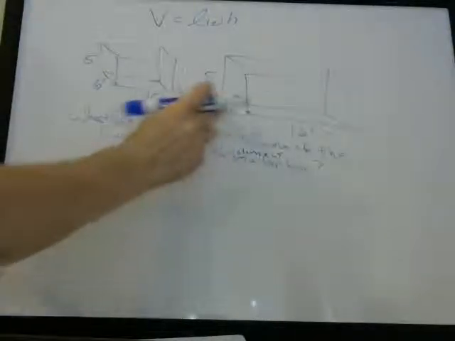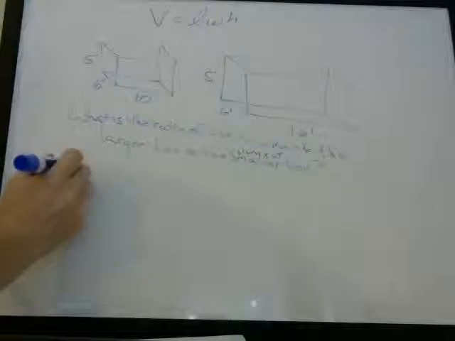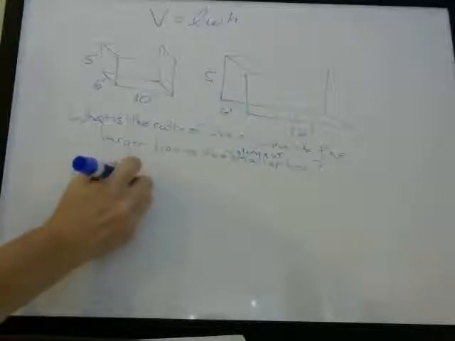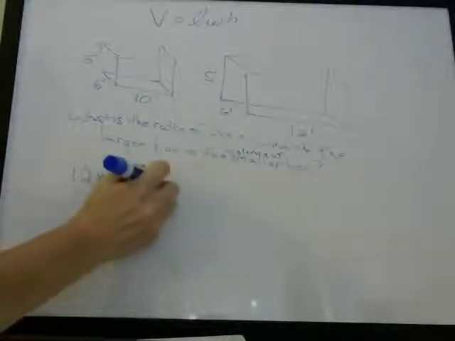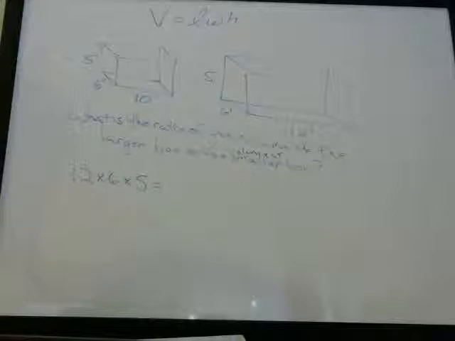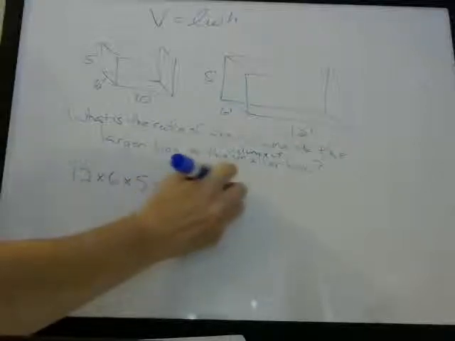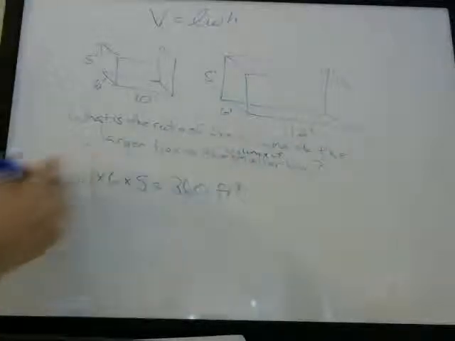So what's the volume of the larger box? Length is 12, width is 6, height is 5. So the volume of the larger box is 360 cubic feet. This is the larger.